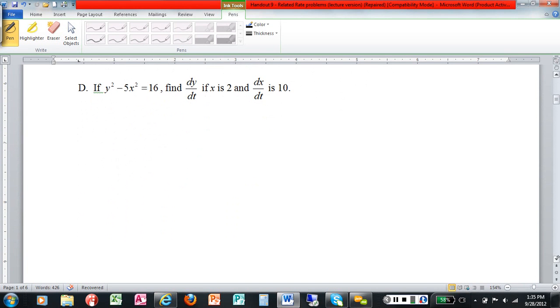All right, D, we have, if y squared minus 5x squared equals 16, fine, same deal, dy/dt, if x is 2, dx/dt is 10. Okay, well, same thing. Again, what's the first step here? The first step is not substitution. I don't substitute, so again, let's make note of that.